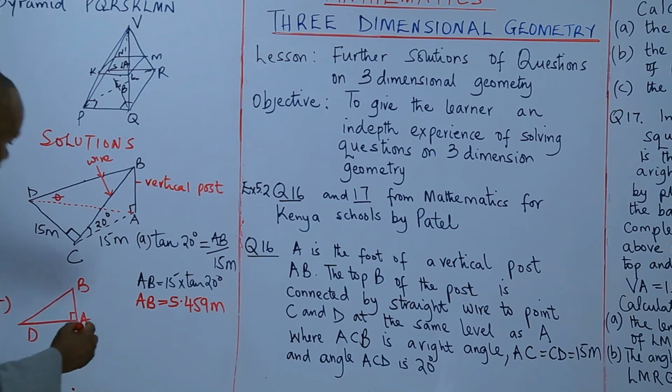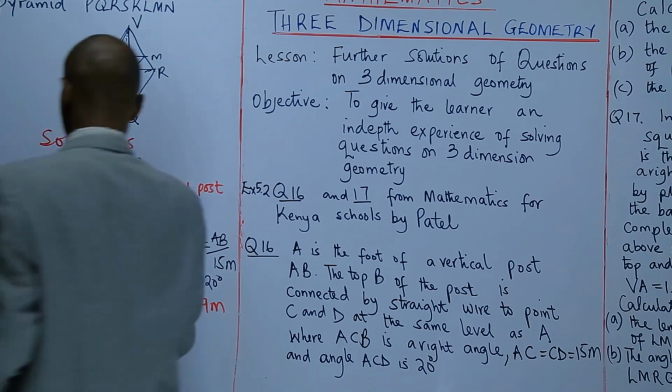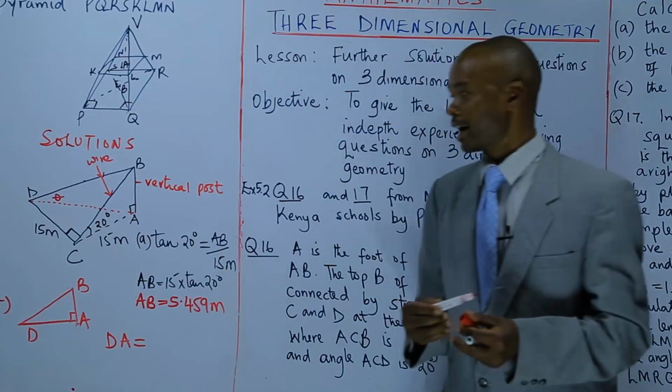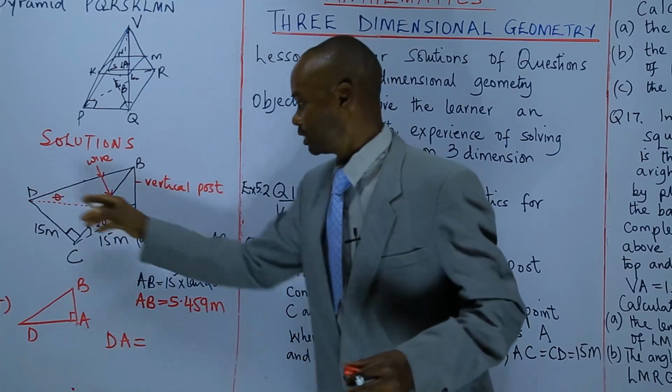So I'll first of all get DA. Look at the diagram. This is a right angle triangle, so we use the square of DA.